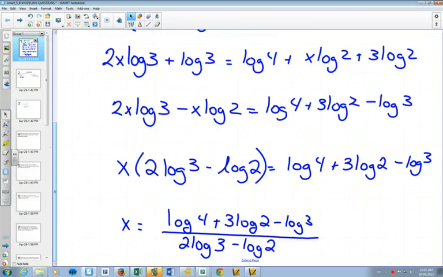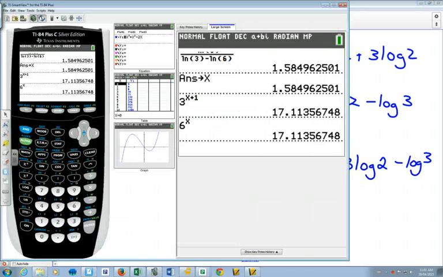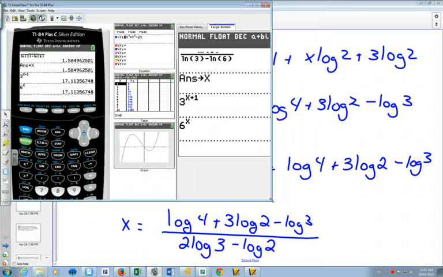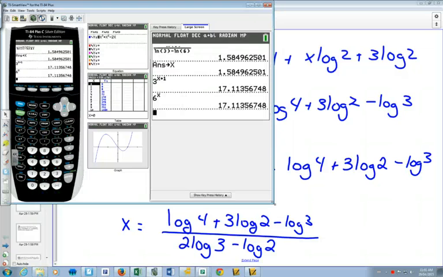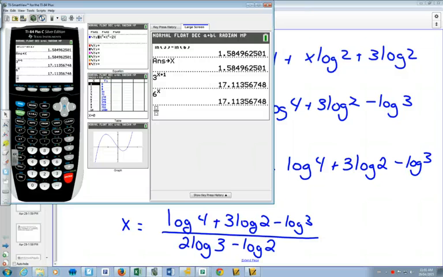And now's the big test to see whether or not we have this value right. So I'm going to go to my calculator. I'm going to get it in fraction form. And I'm going to write log 4 plus 3 log 2. Whoops, I forgot to close my brackets. Start again.